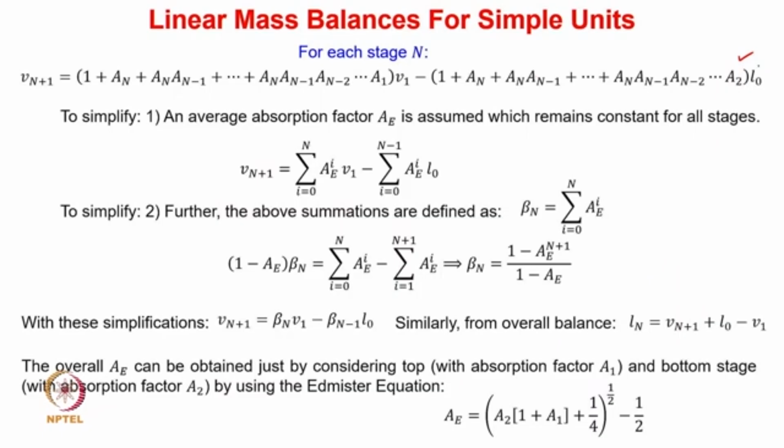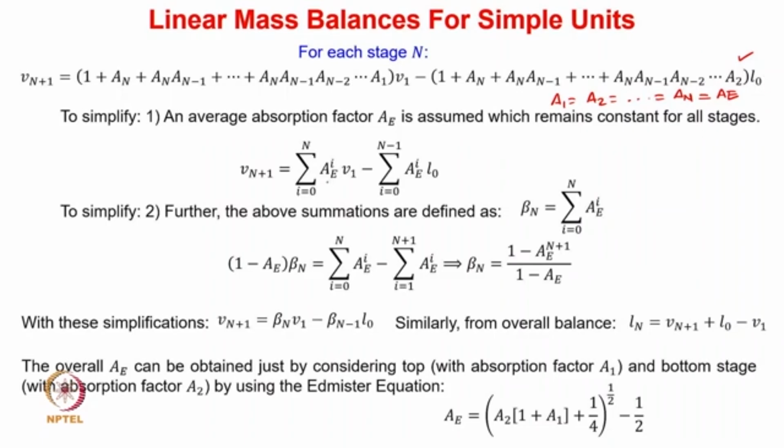To simplify this particular equation, we are assuming that all these absorption factors A1, A2, all the way to An, are equal to the average absorption factor. If we use this assumption, we can simplify this original equation and write it in terms of summation.